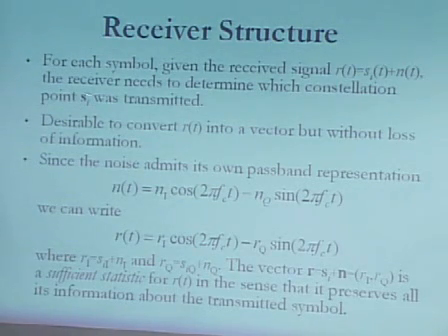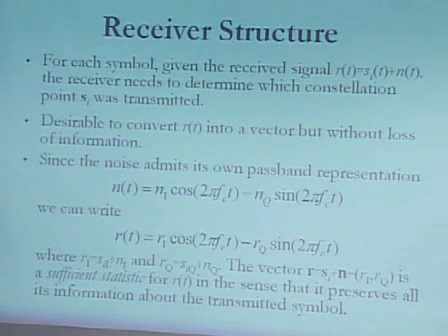Now the receiver needs to figure out which of the capital M possible constellation points was actually sent. That's the goal of the receiver: to figure out as accurately as possible which of the M points was sent.